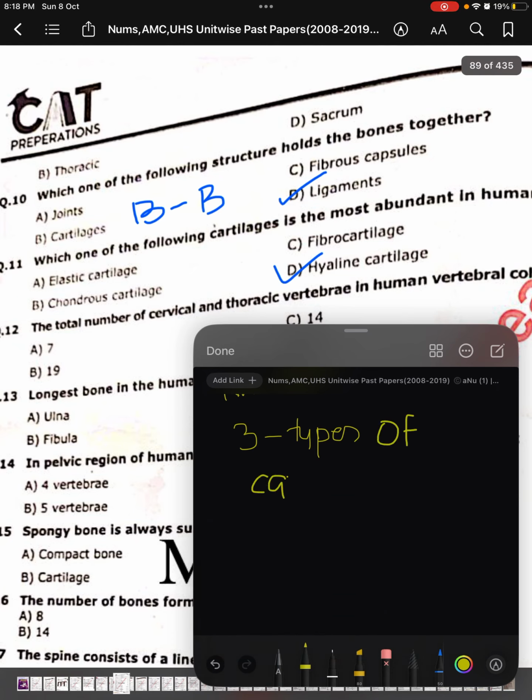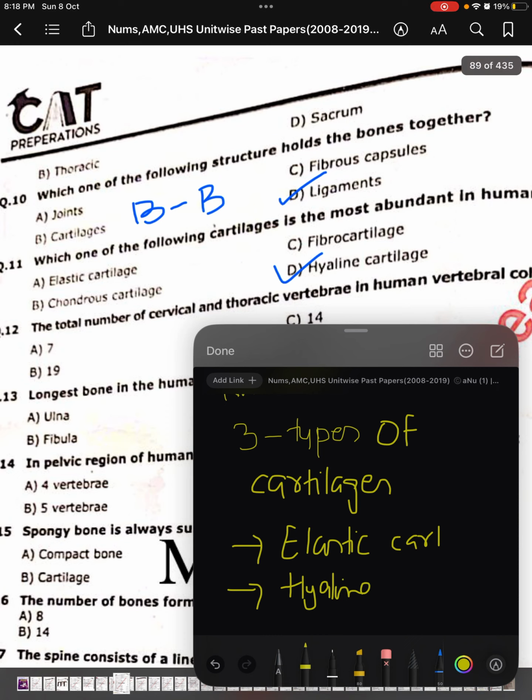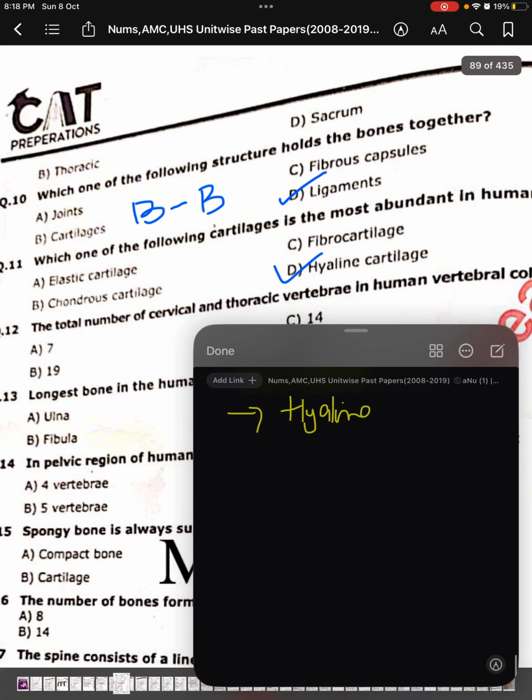Number one is elastic cartilage. Second one is hyaline cartilage, and third one is white fibrous cartilage.